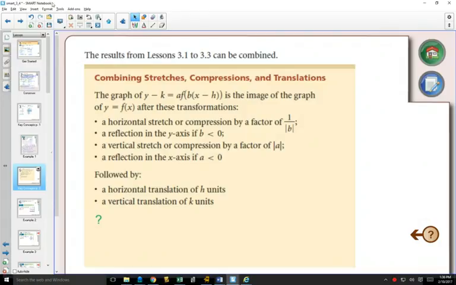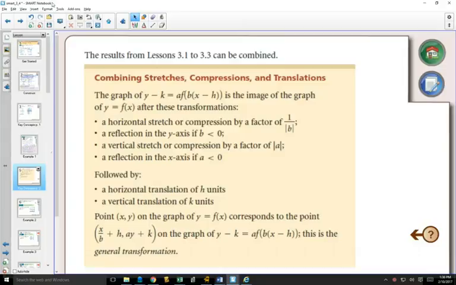At the bottom of the page, or sorry, on the next page, you have all of this information, which tells you to do your stretches and then your translations. Again, we can shorten all this. If you always work from left to right, you will always do your stretches and compressions first, and then your translations.